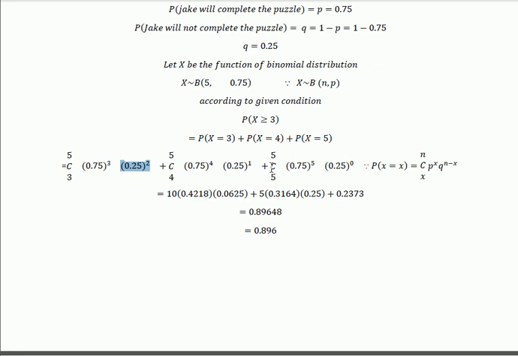After that, for x equal to 4, we have 5C4, and for x equal to 5, we have 5C5. The binomial distribution formula is nCx, p raised to x, q raised to n minus x. After simplification, we get 0.896, the probability for at least 3 days out of 5.